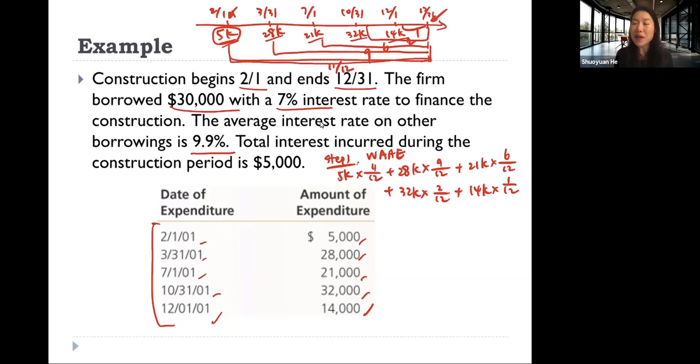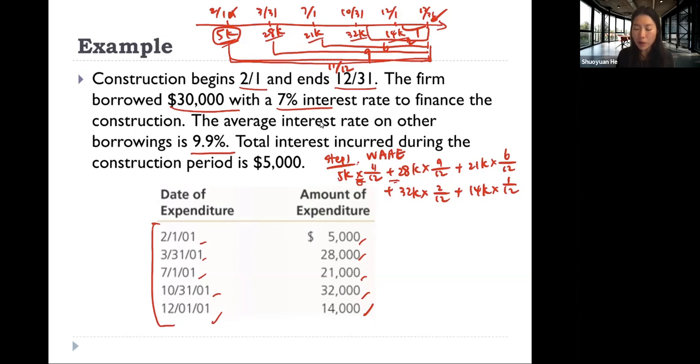So as you can probably see here, this is the weighted average accumulative expenditure. We're accumulating it by adding them all up, but not every one of them is equal, because some incurred earlier and some incurred later.